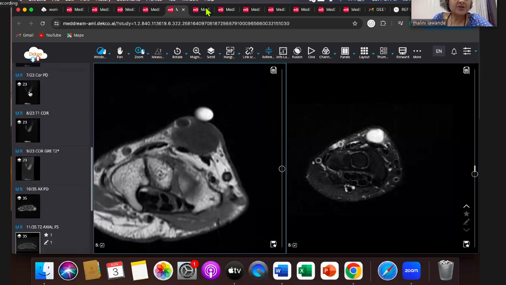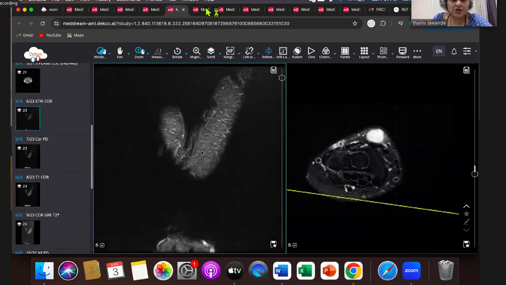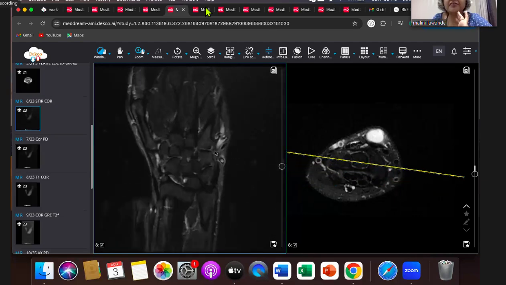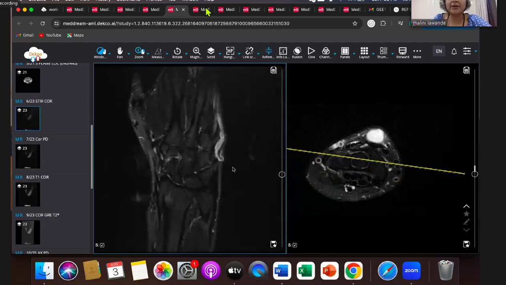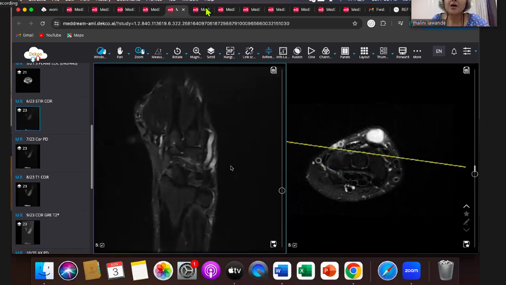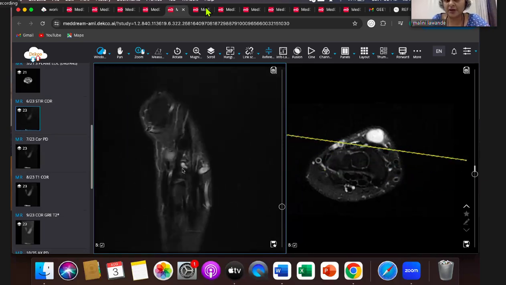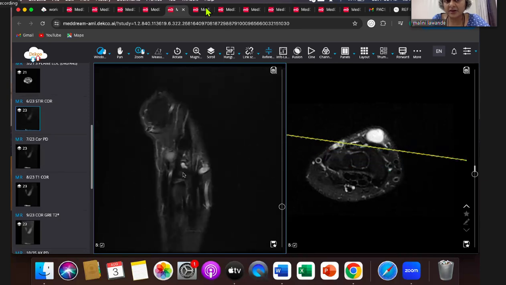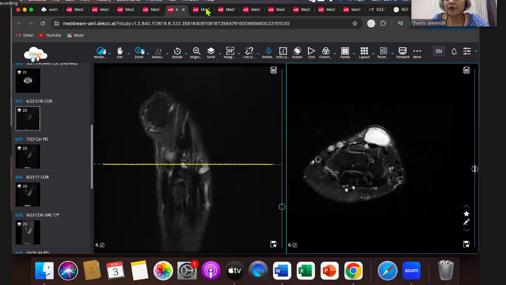Every ganglion we should try to trace to the joint or the tendon sheath, but we may not always see it. But if it's in a typical location, for example in the wrist, the three or four common locations, the most common is the dorsal scapholunate interval. This is the dorsal scapholunate ligament, and that is where this is coming out.